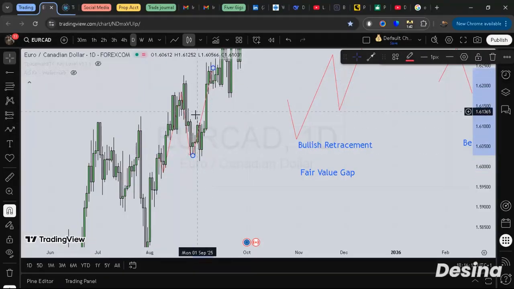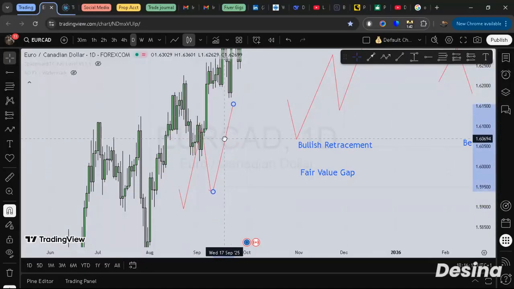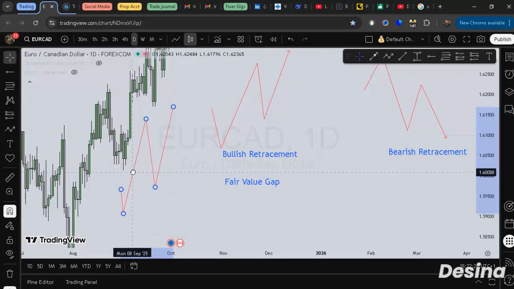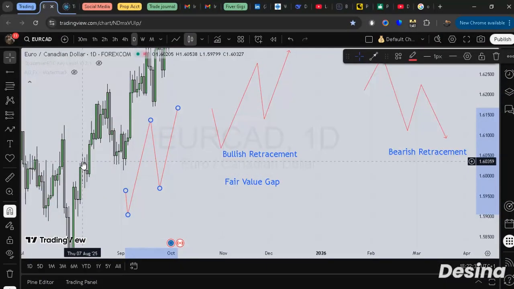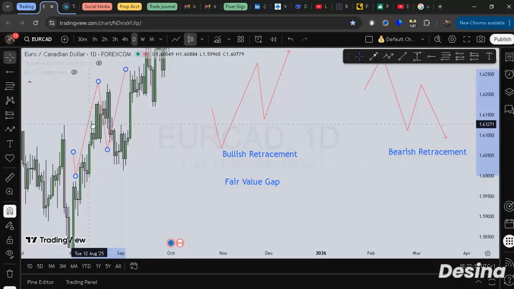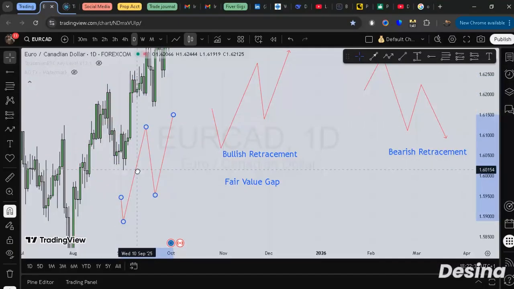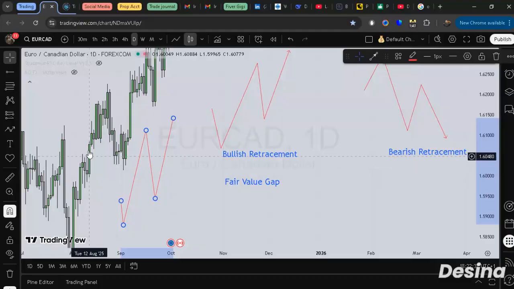If I draw this out, we're going to have something like this, extracted from here: this expansion to the upside, this retracement and continuation to the upside.